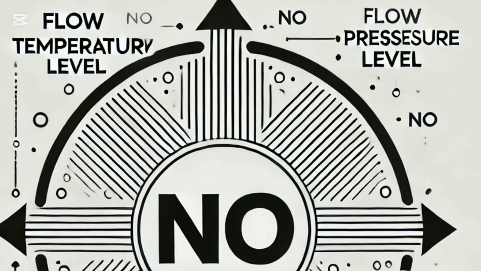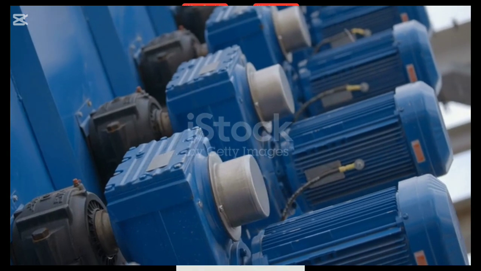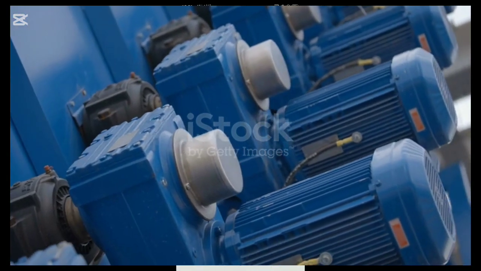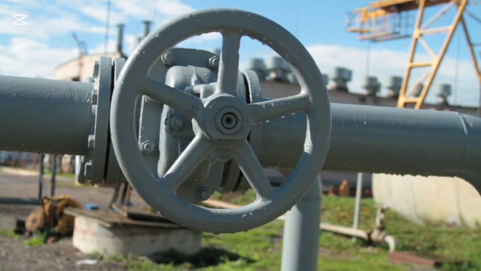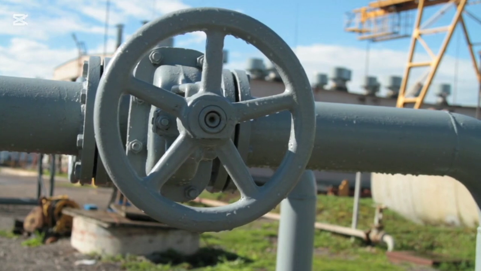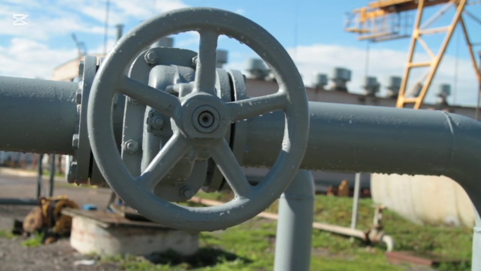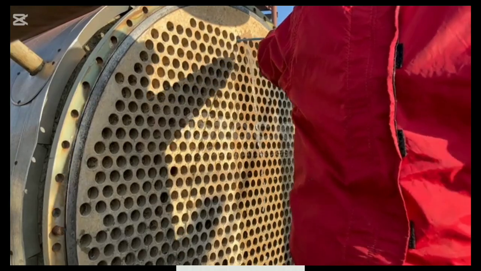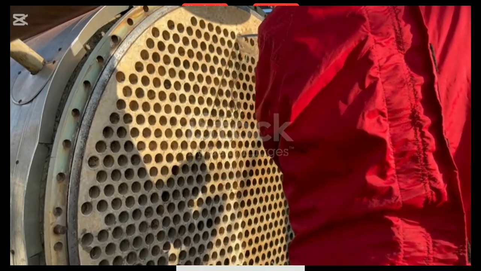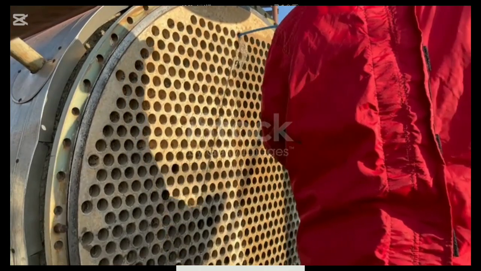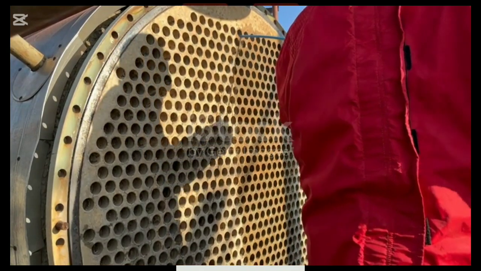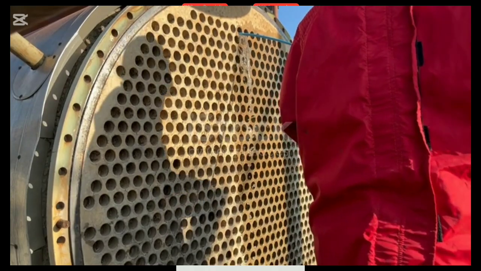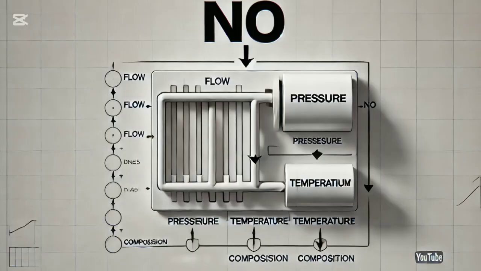Flow. No flow could occur if a pump fails, a valve is fully closed, or a pipeline is blocked. These are the causes of no flow. What will be the deviation? No flow to the exchanger could lead to overheating or incomplete process. Temperature. Applying no to the temperature.